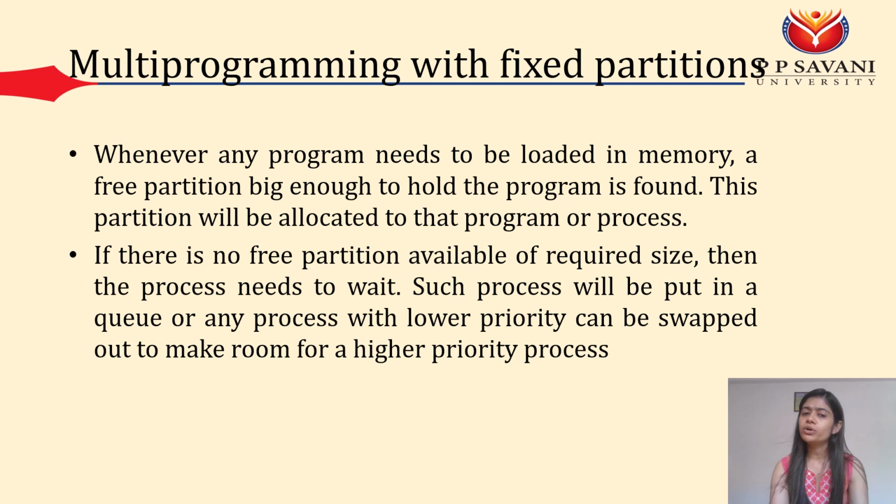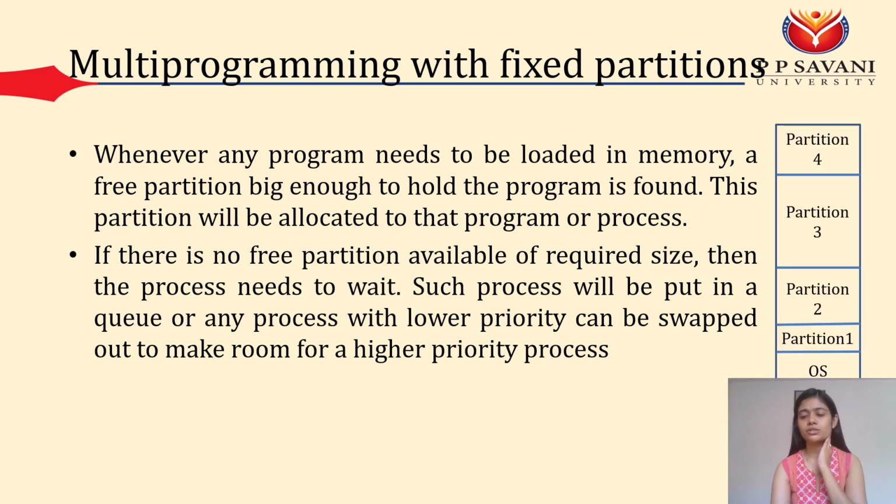Such a process will be put in a queue, or a process with lower priority can be swapped out to make room for a higher priority process. Either two possibilities are there. Either that process is going to be in a waiting queue, or if the process priority is higher, then we are going to select some process to swap out, and instead of that process, we are going to allocate this partition to the higher priority process.